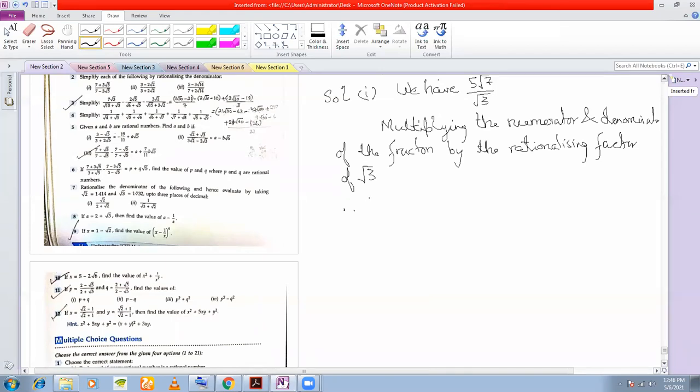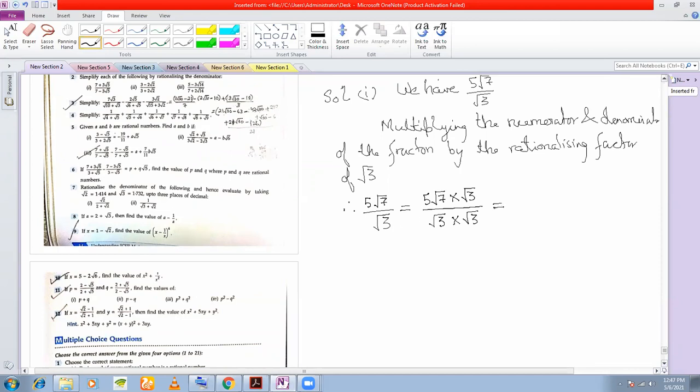So 5 root 7 by root 3, you multiply the numerator and denominator by root 3.